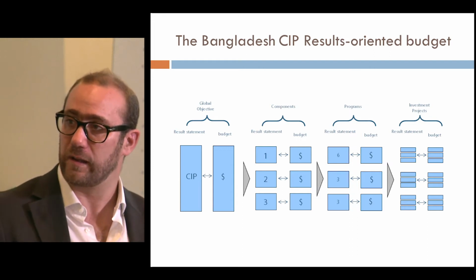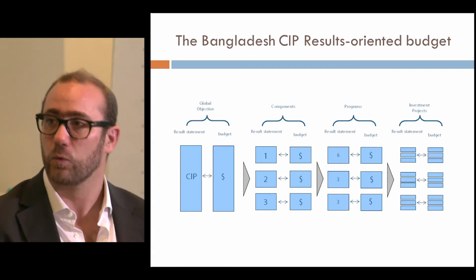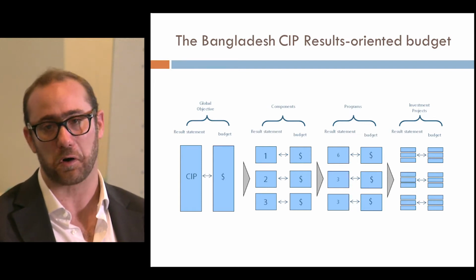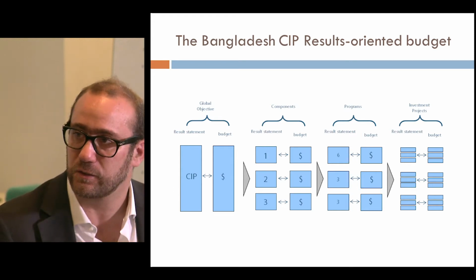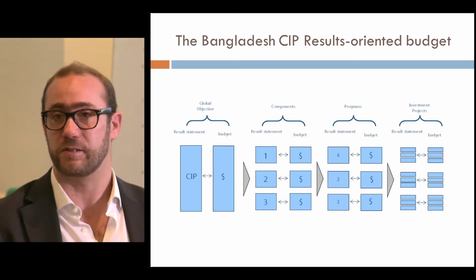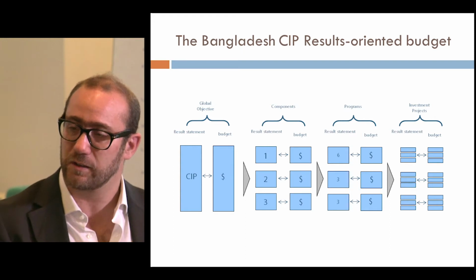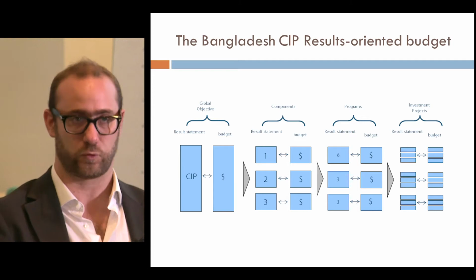But if we turn it into the environment or climate change context, we would have indicators, for instance, of forest coverage as a result of reduced deforestation. We would have as a baseline the square kilometers of forest in a base year, and a target for the end of the investment, which would be an increase of 20%.